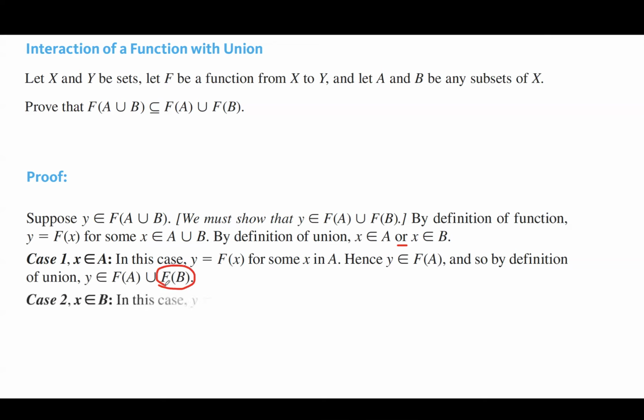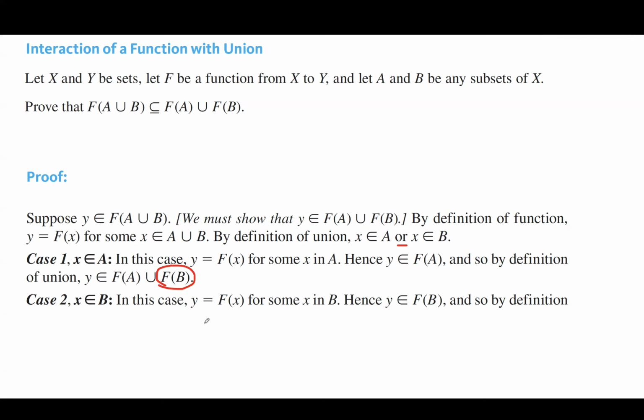In the second case, suppose x is not in A, x is in B. What happens here? Since x belongs to B, y is equal to f of x for some x in B. This is the definition of x being in B, and you have some y value that you can assign f of x to it.